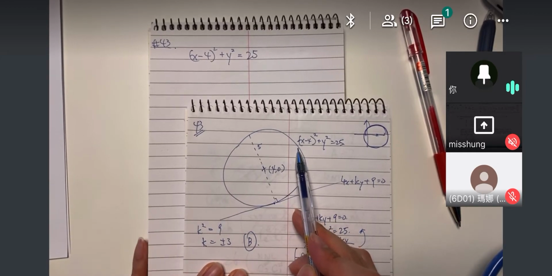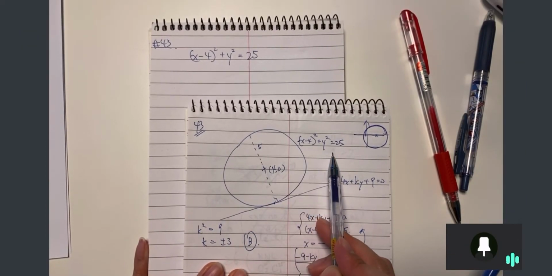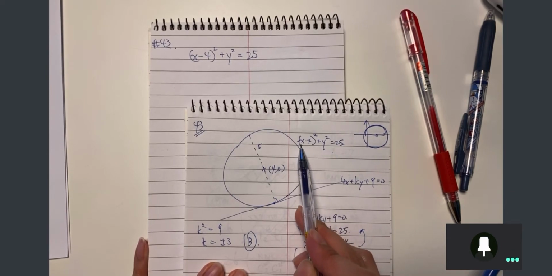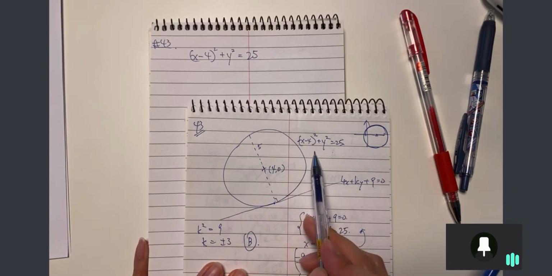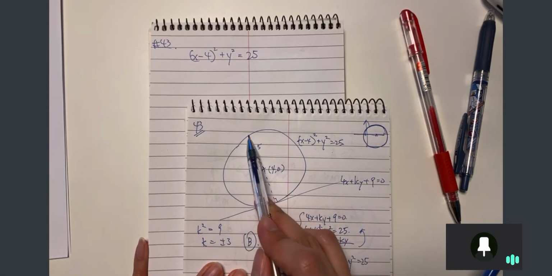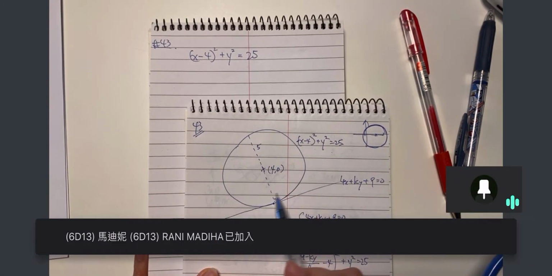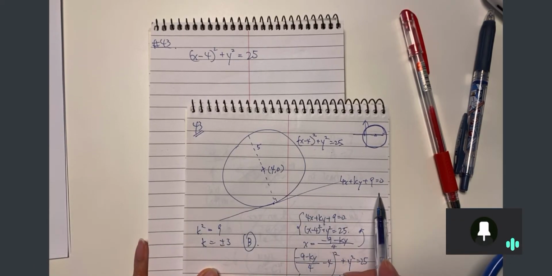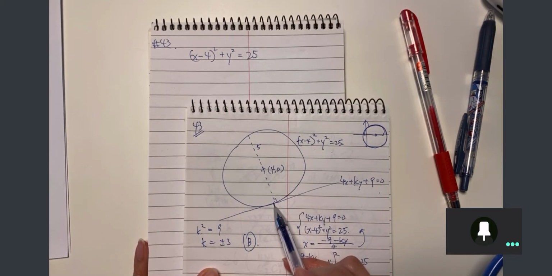Since the equation of the circle is in this form, the center will be (4, 0), and the radius is 5. Drawing a circle in this way, and then there is a tangent like this, and this is the equation of the tangent. And then you need to find out the k. Okay, that means you have a point here. You need to find out the contact point.